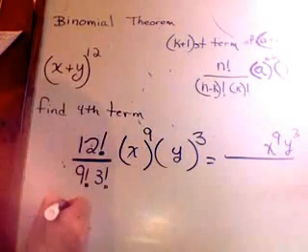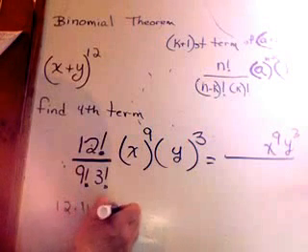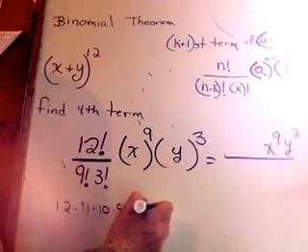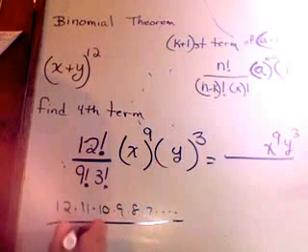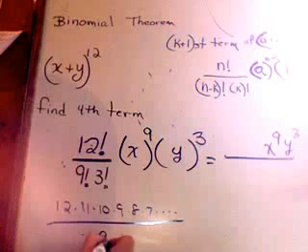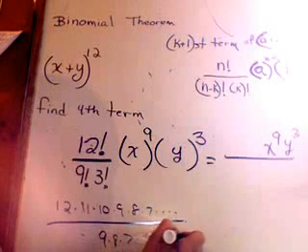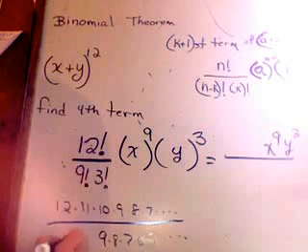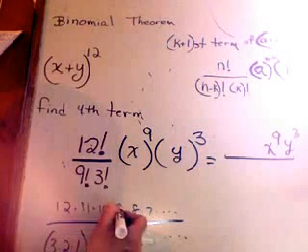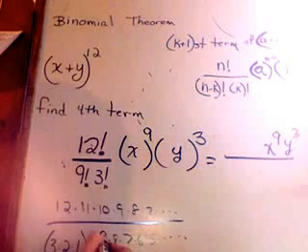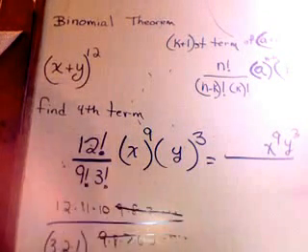So let's do a little work here. 12 factorial means 12 times 11 times 10 times 9 times 8 times 7 all the way down to 1. On the bottom here I have 9 factorial, 9 times 8 times 7 times 6 times 5 all the way down to 1. And I also have 3 times 2 times 1. I'll write the shorter one in the front. Now notice this is going 9 all the way to 1 and this one's going 9 all the way to 1, so I can cross those out because they're going to reduce with each other.